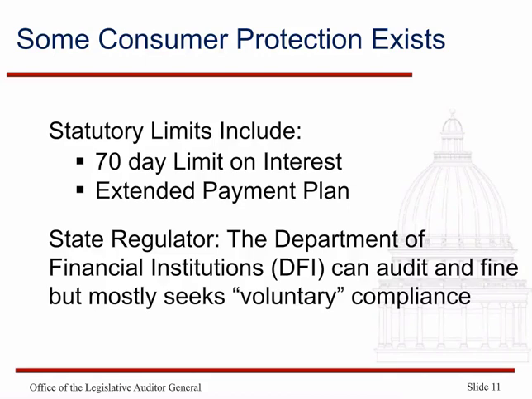So this slide shows what we already covered a little bit, that in Utah, there are some consumer protections in place. This is what existed before the audit. Jim talked about the 70-day limit. At that time, the lender cannot charge interest anymore and needs to give the borrower an opportunity to enter into an extended payment plan to try to pay it off. This all hinges upon the other part of the consumer protection, which is our regulator.